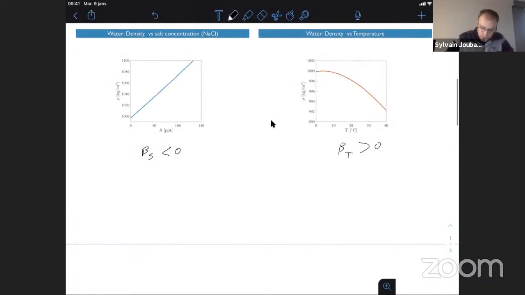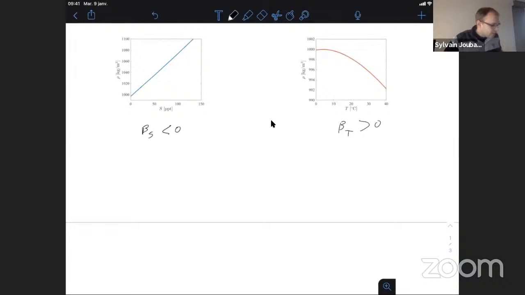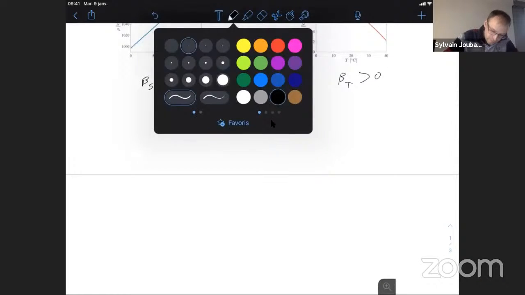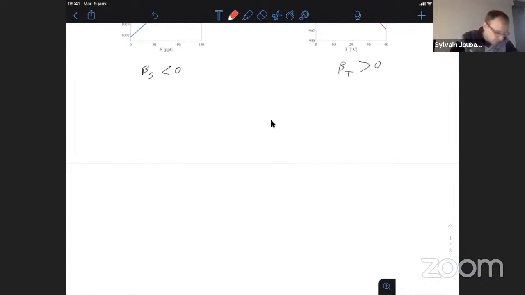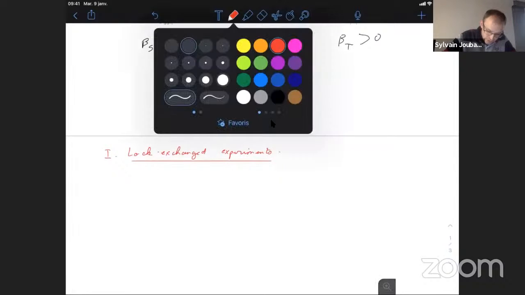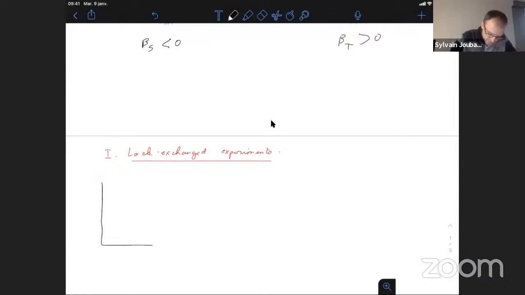Those are the first two results. The first experiments I want to discuss deal with non-continuous stratified flow, but two-layer fluids, and it's something called lock exchange experiments. You start with a system like this, a tank.